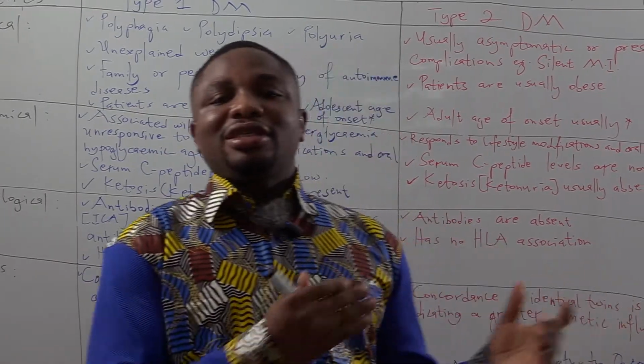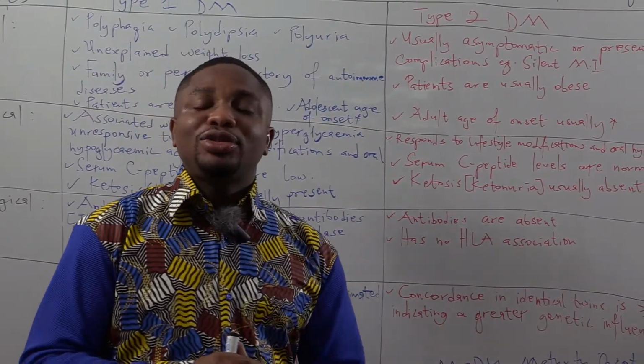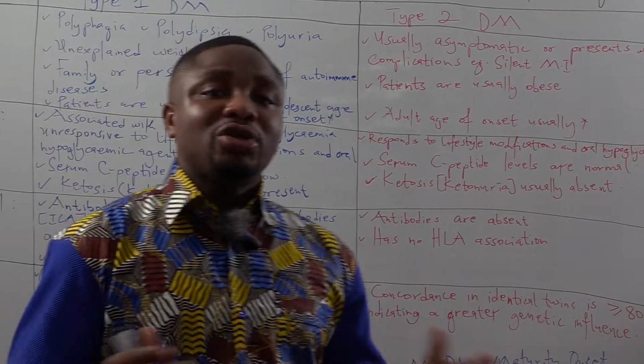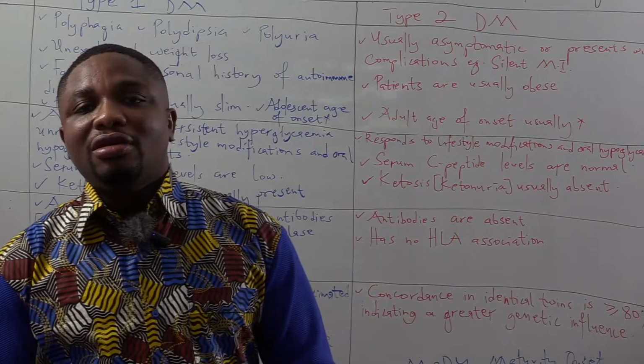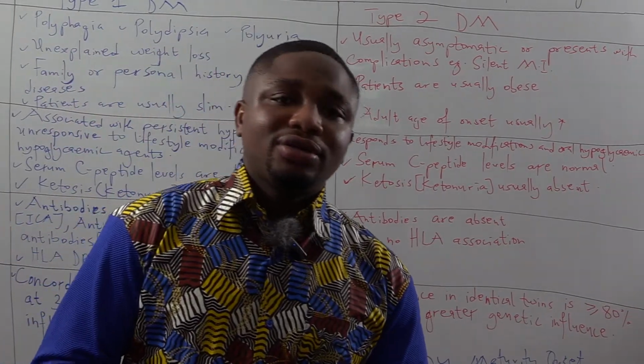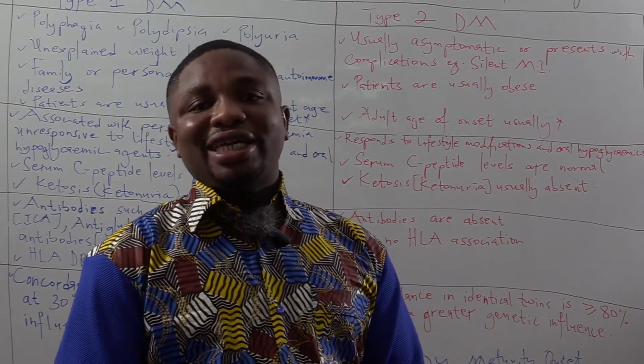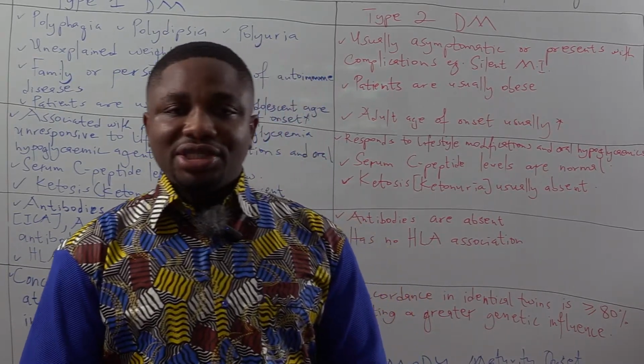Then when we look at the immunological features of type 2 diabetes mellitus, you will notice that the autoantibodies are not present, they are absent, and also they have no human leukocyte antigen association.